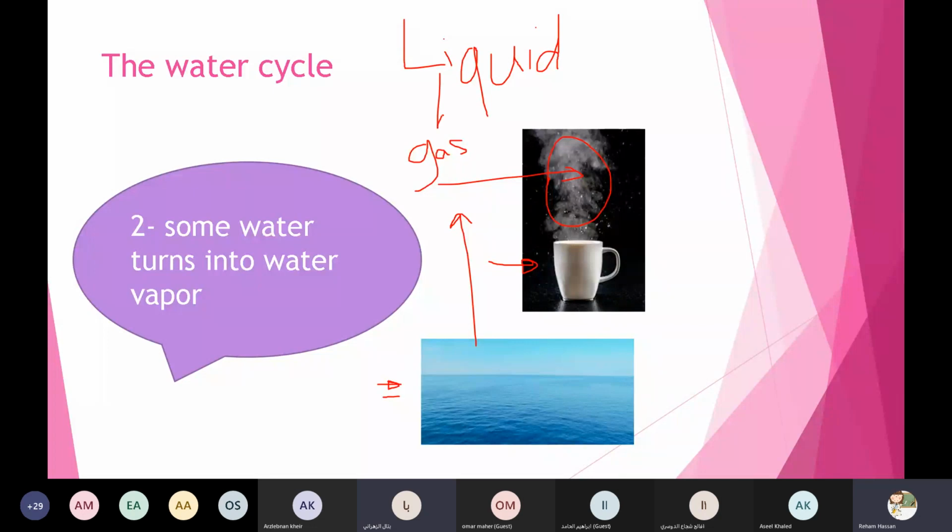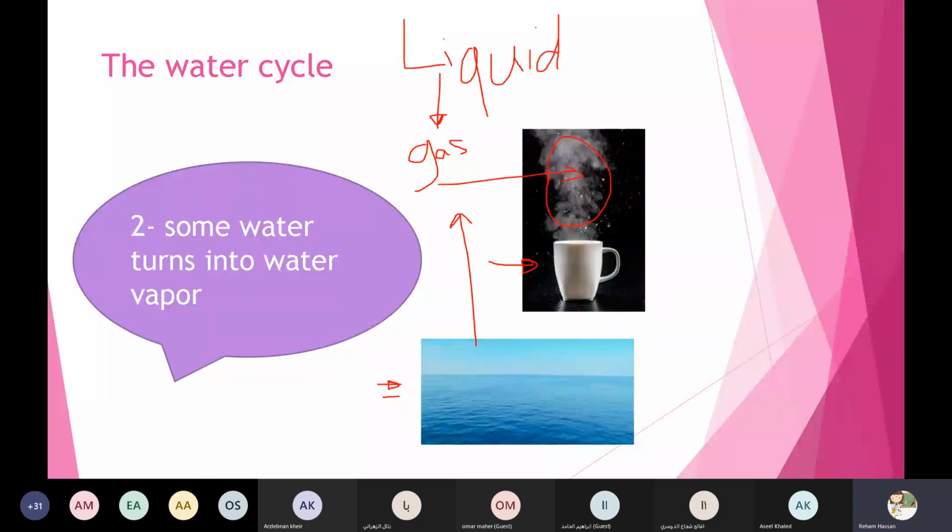Amazing. And this is the water vapor. Thanks a lot, Battal. So, Abdullah Saleh, this is the water vapor.